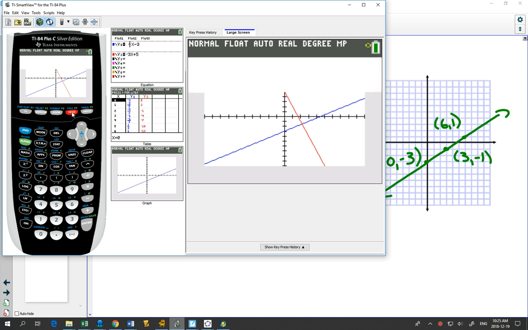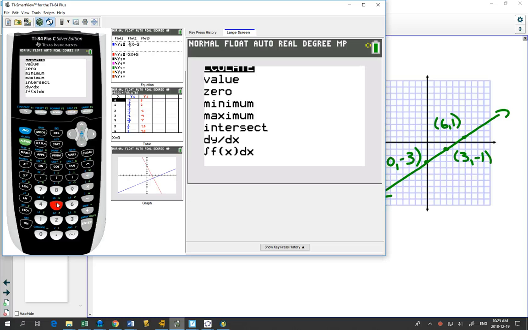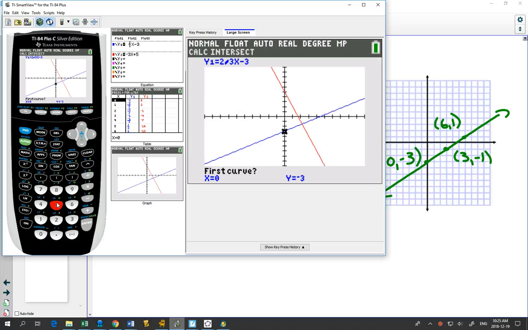I can go second, calculate, number 5, intersect, push enter on your first curve, push enter on your second curve, guess. And they happen to intersect when x is 2.18 and y is negative 1.545. Whew. Right? And that's going to be our last unit, finding where two lines intersect.